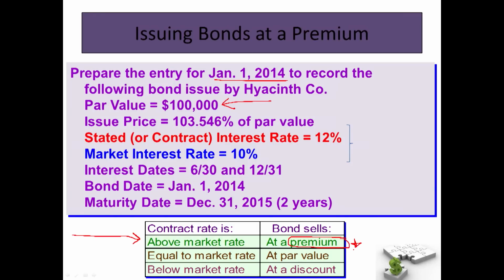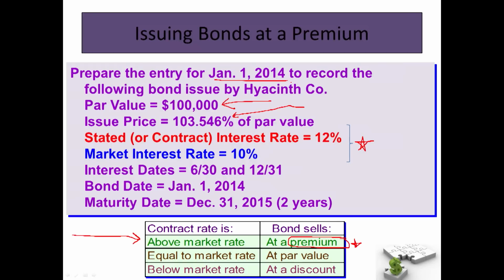So we know just by looking at these two rates that this is a bond sold at a premium because the market rate is lower. Now we also know this because the issue price is greater than 100%. Are you with me?